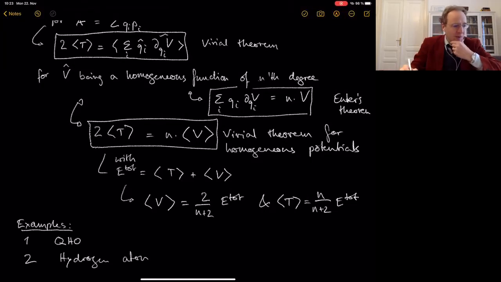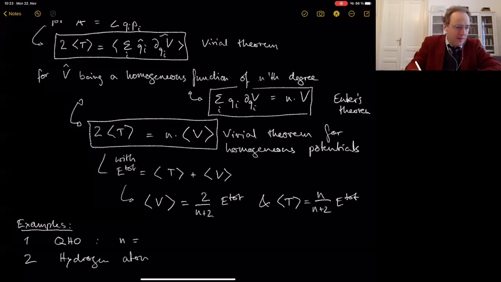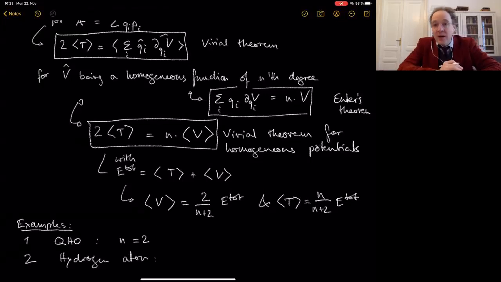Now, for the quantum harmonic oscillator, we found that n must be equal to 2, while for the hydrogen atom, due to the 1 over r behavior of the potential, we saw that our n is going to be -1.